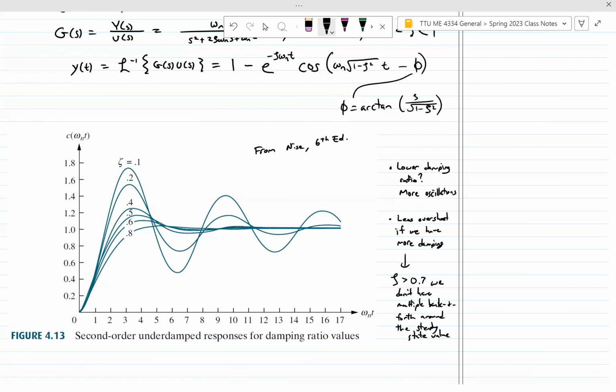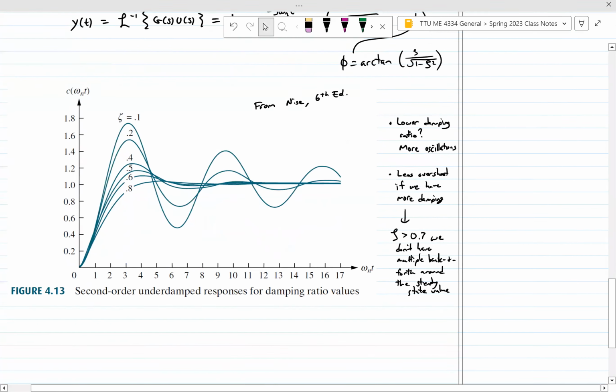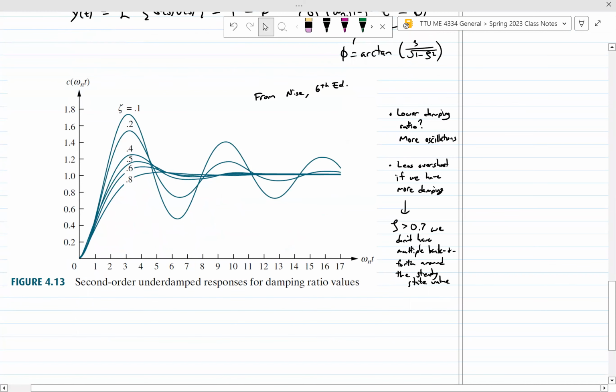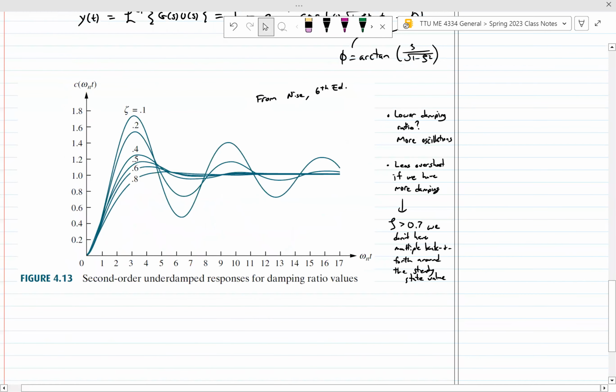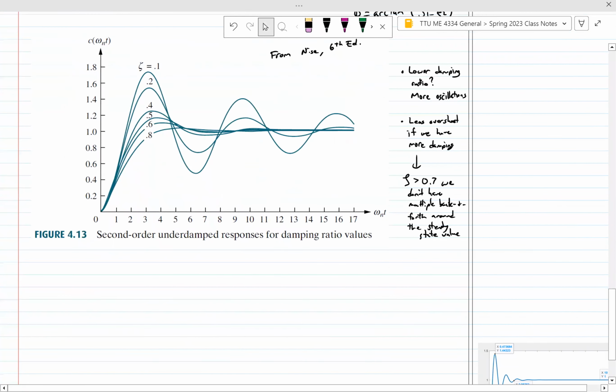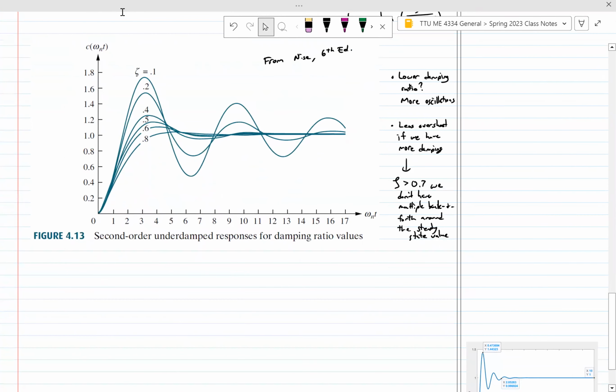That 0.707 is the actual number for it. That'll come into play a little bit later. I think that's the fastest response that you could possibly get with a second order system to get to steady state.